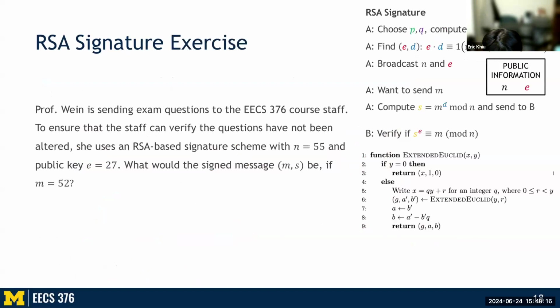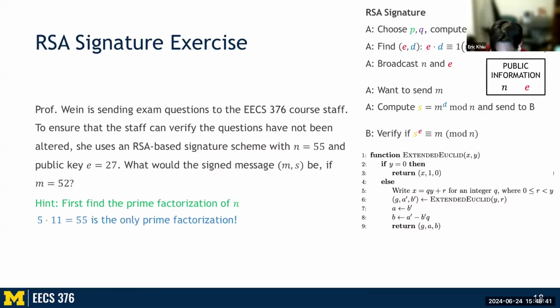Okay, so I don't think we have time for this exercise, but for RSA signature, I think you should go over this again. The question you should expect is very similar to this one, which is going to give you all the numbers and you're just going to compute all the numbers. I think you should also have the extended Euclid algorithm on your cheat sheet, so that you can run it to find the modular inverse, right?